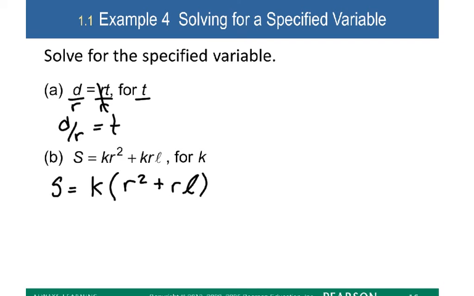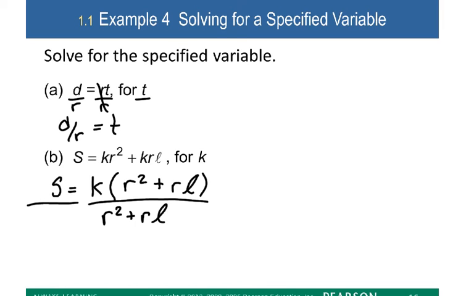I hope that y'all can see what our next step is going to be to get k all by itself. It's just like example A. To get t by itself, we divided both sides by the r. So in this step, because this is k times this whole thing in parentheses, we're going to divide everything by what's in this set of parentheses.